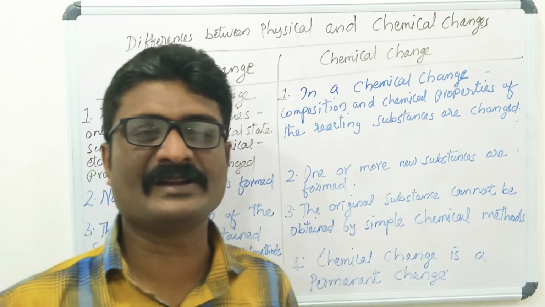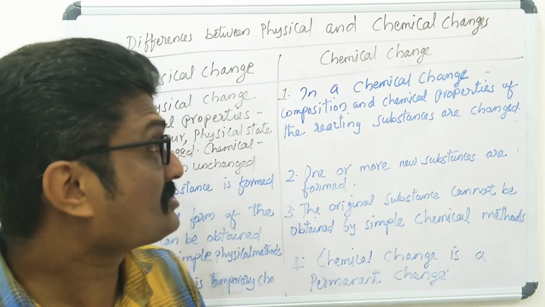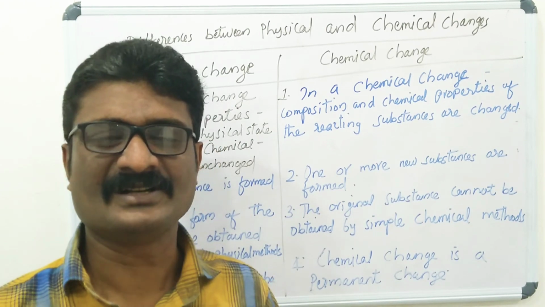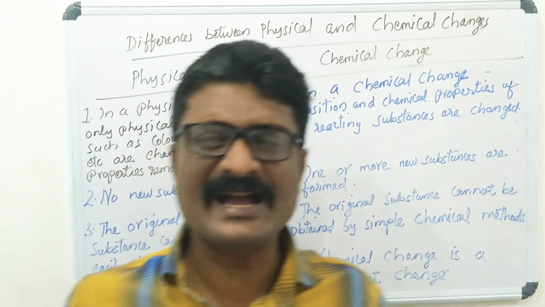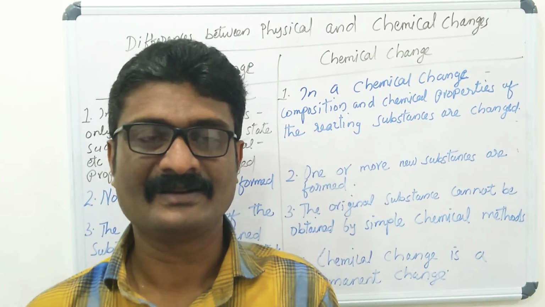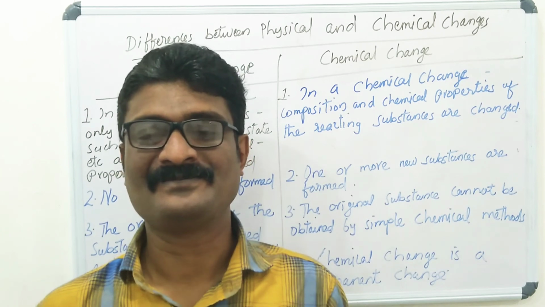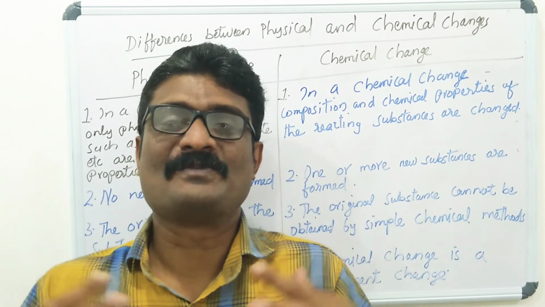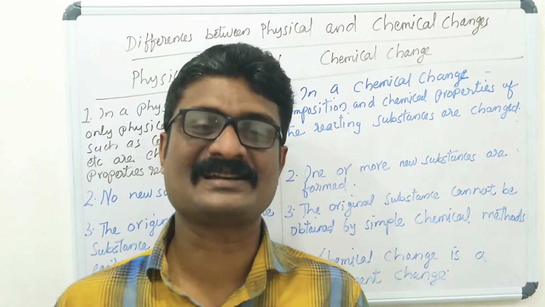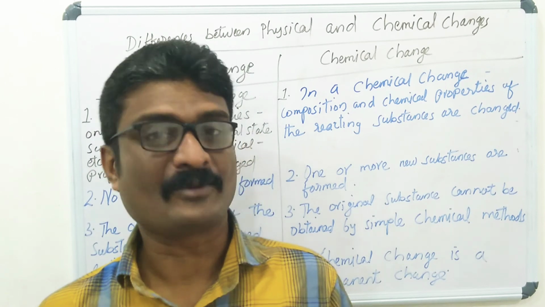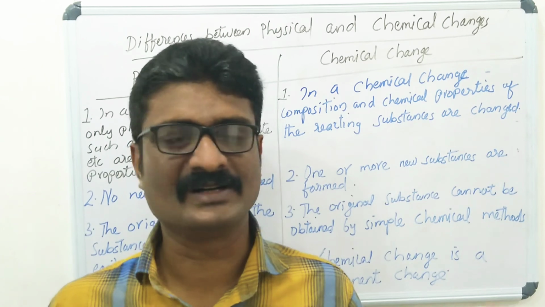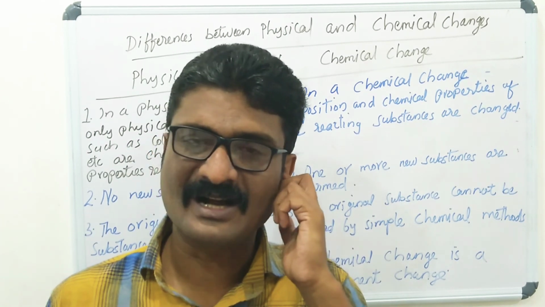Chemical properties remain unchanged. But in a chemical change, the composition and chemical properties of the reacting substances are changed. When iron reacts with copper sulfate, a new substance is formed, that is iron sulfate. The properties of iron sulfate are entirely different from those of copper sulfate and iron.